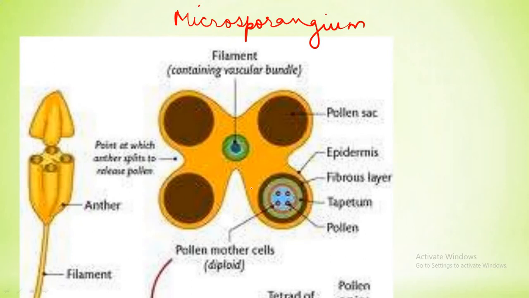Now we will be studying the structure of microsporangium. A typical microsporangium is surrounded by four walls. The four walls are the epidermis, this first one. Then second is the fibrous layer, which is known as endothecium.